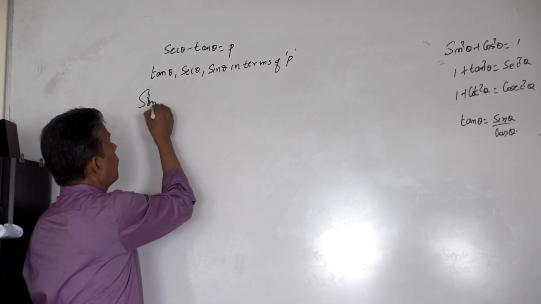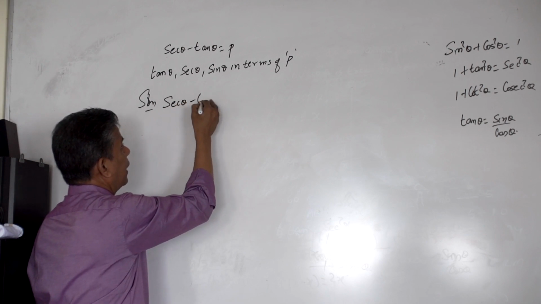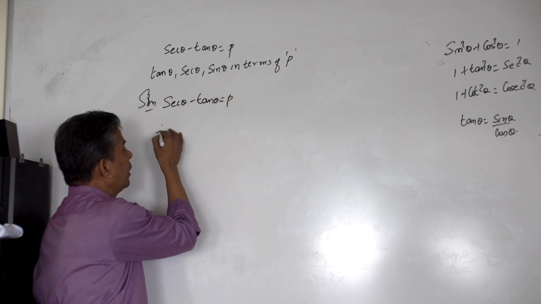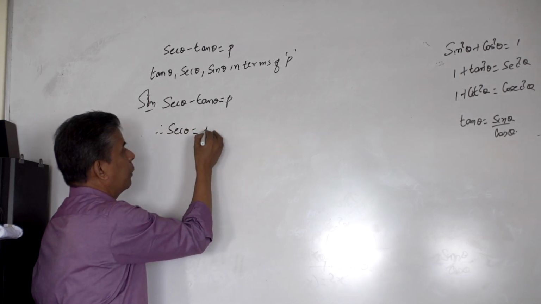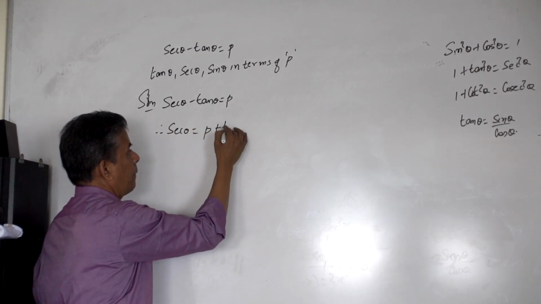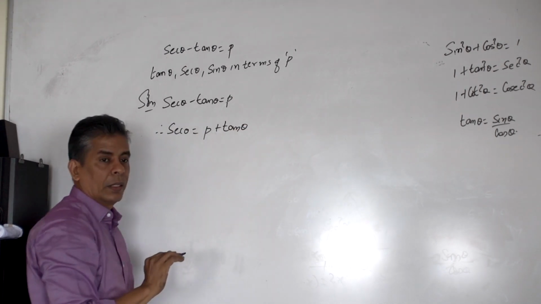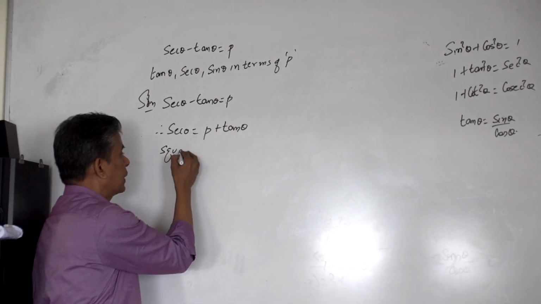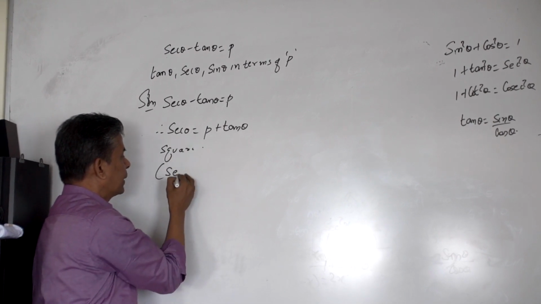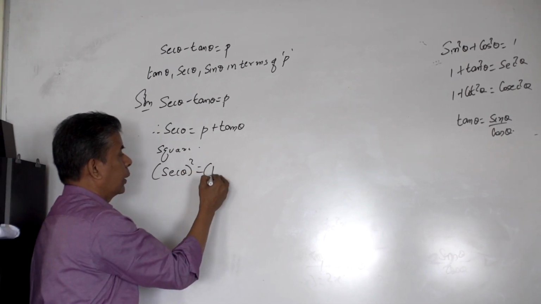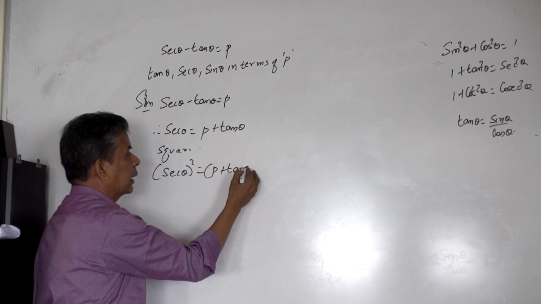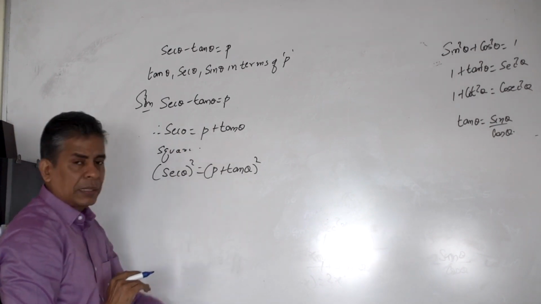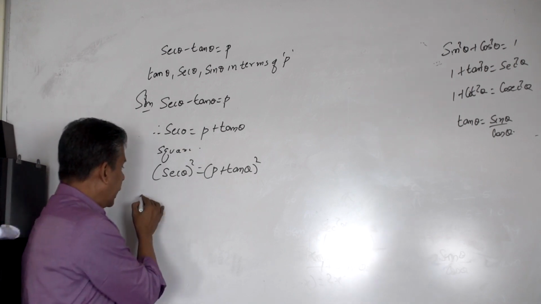Solution. Sec theta minus tan theta is P. Therefore, sec theta is equal to P plus tan theta, right? Minus we shifted to the other side. Now squaring both sides. This will become sec theta the whole square is equal to P plus tan theta the whole square.